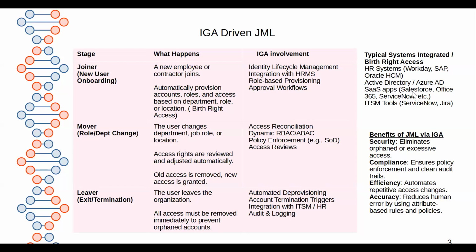SaaS-based applications like Salesforce, Office 365, ServiceNow can be integrated, and any ITSM tool, in case a new joiner is not able to connect to an application, or is facing a hardware, software or network issue. These are some of the birthright accesses to be given to a new joiner.